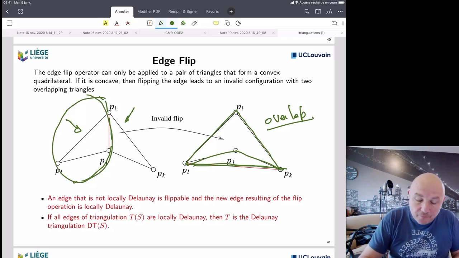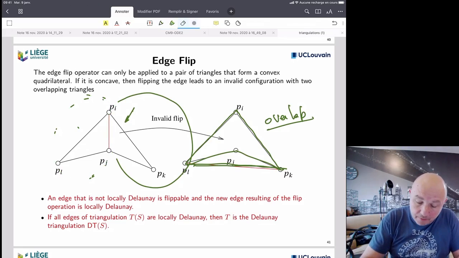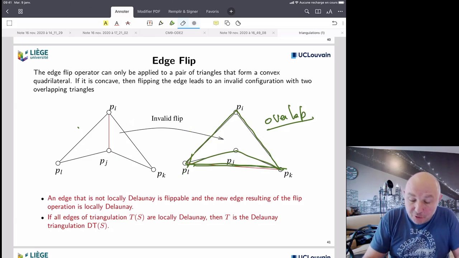It's easy to see that the two circles can never contain the other one. So the circle relative to Pi, Pj, Pl can never contain point Pk.